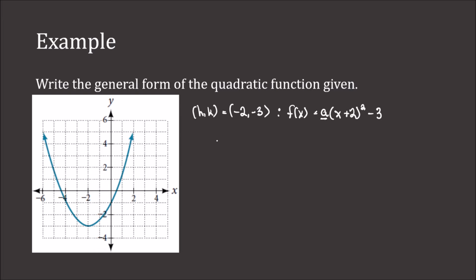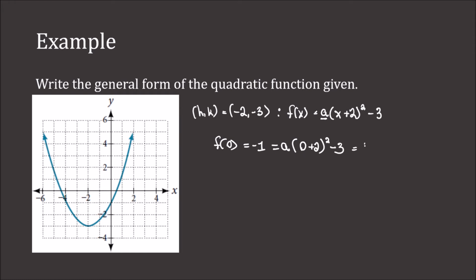We can do that by looking at f of 0. So when x is 0, we come over here, back to the graph. F of 0 is along the y-axis. Oh, so it's minus 1. So this is minus 1, but it has to be a times 0 plus 2 squared minus 3.